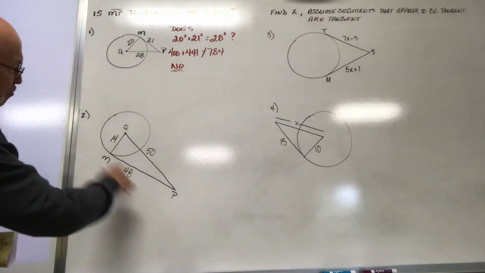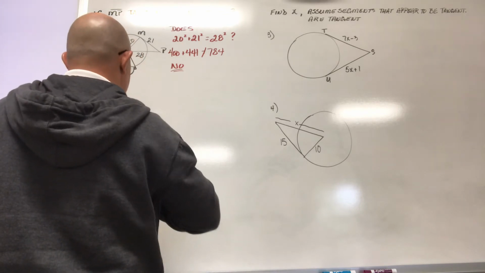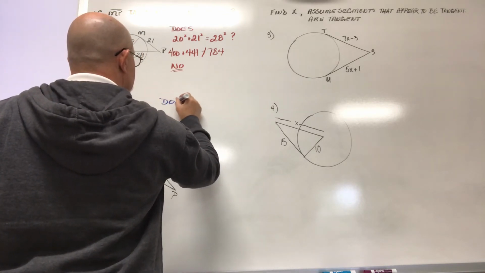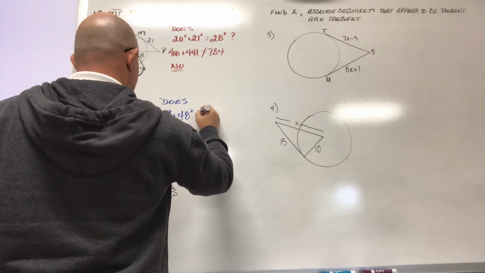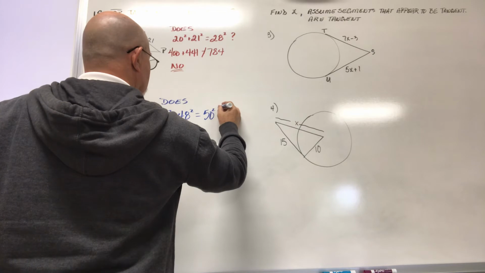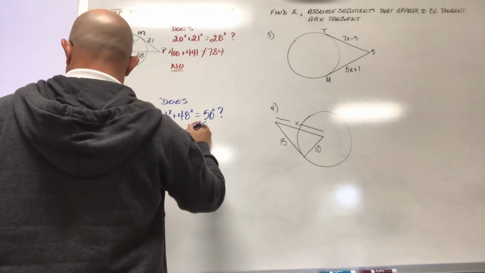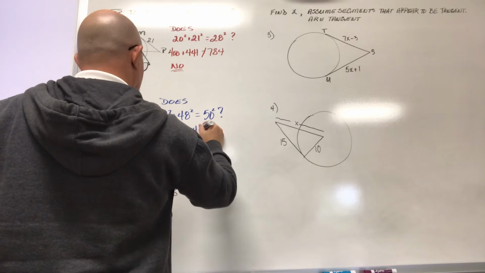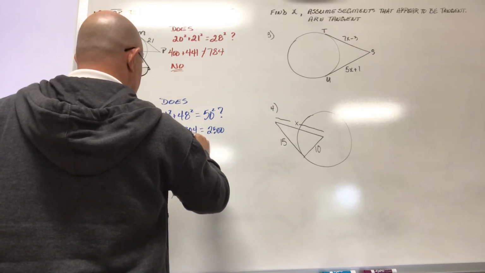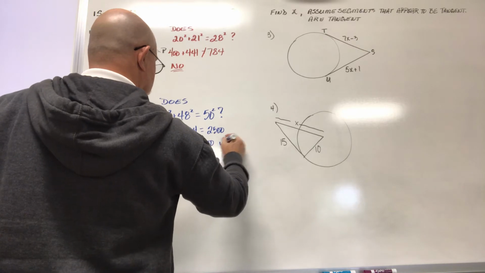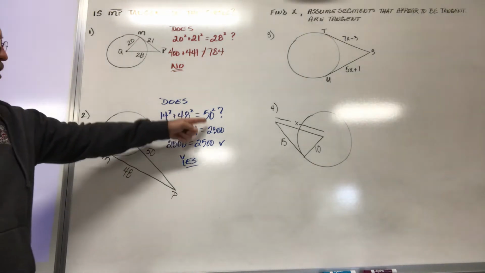We do the same thing here. Is MP tangent? We're going to do the same thing. 14 squared, 48 squared, 50 squared.